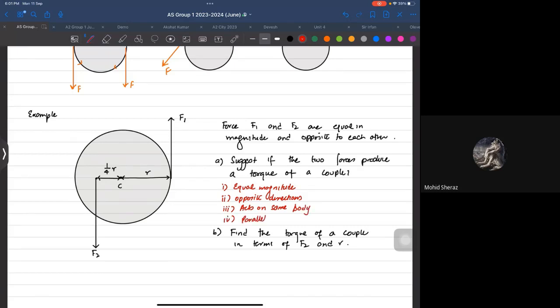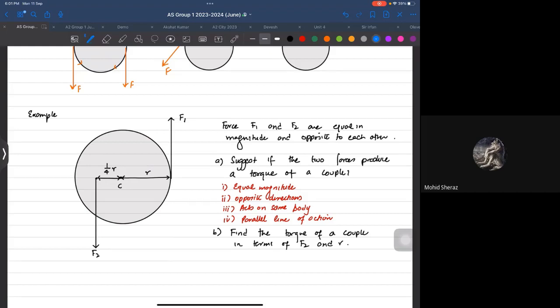Now, Mohit, let me tell you why this is a torque of a couple. You need to basically cover these four conditions. First of all, can you tell me if they have equal magnitude?